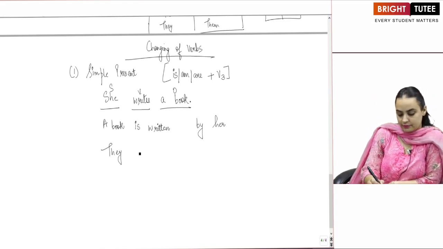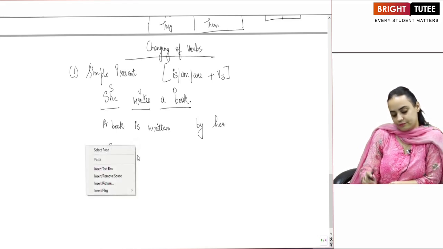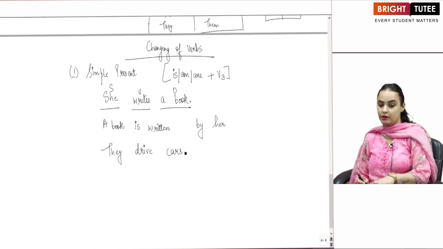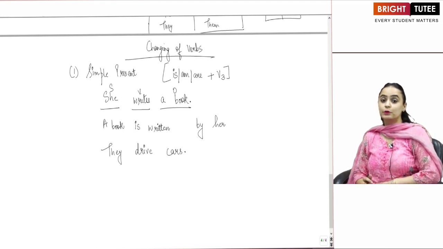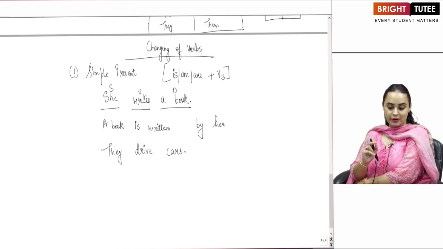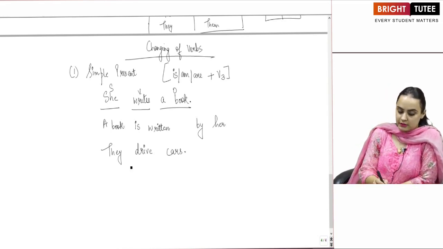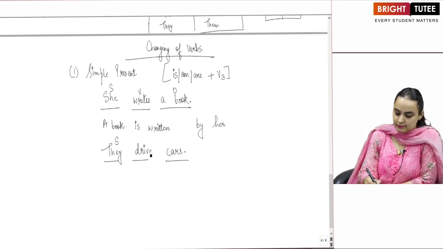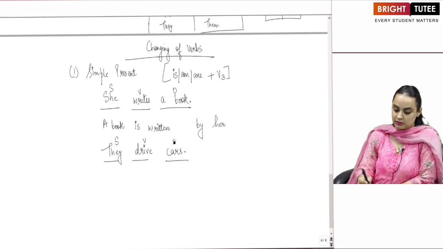They drive cars. Now here my object is plural. Take care of whatever I am writing. First thing, we have to divide it into the three parts. They is my subject, drive is my verb, cars is my object.